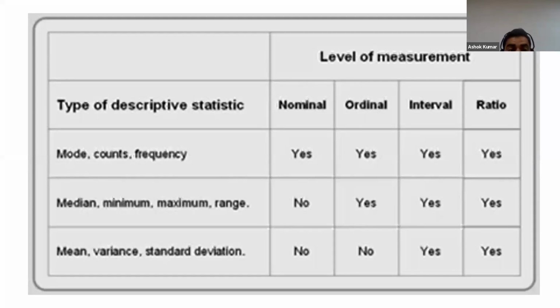So there are a lot of issues that will be created if we order the state variable. So if we cannot order the state variable, it comes into the nominal category of level of measurement. For the nominal level, when we talk about descriptive statistics, we can do only mode, count, frequency, and percentage. So this is the beauty of levels of measurement and types of descriptive statistics.